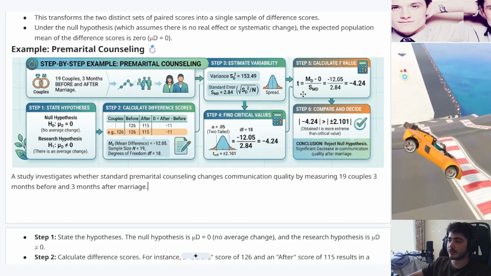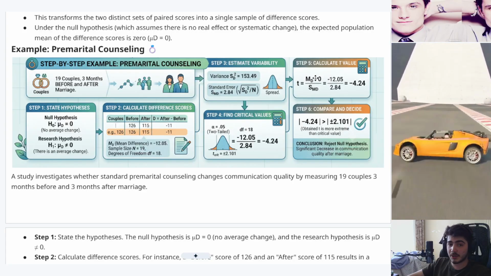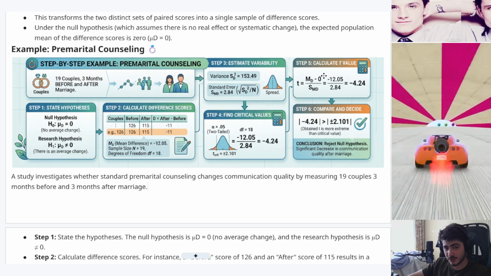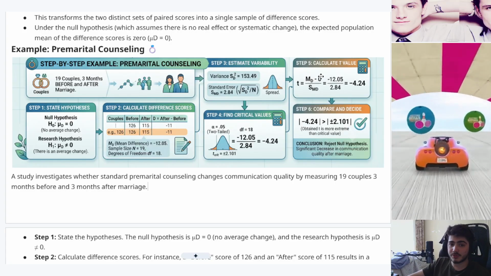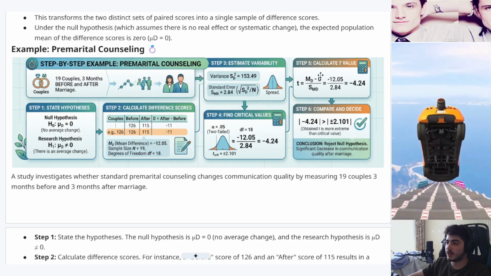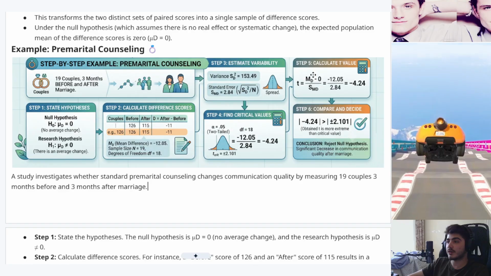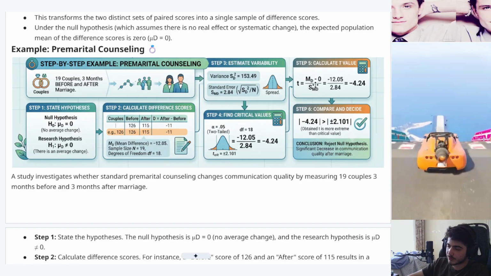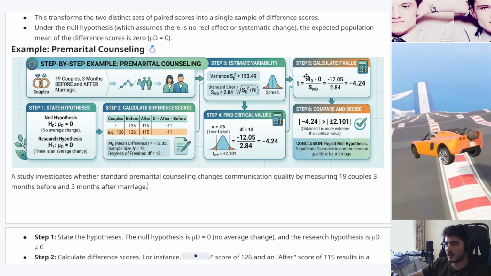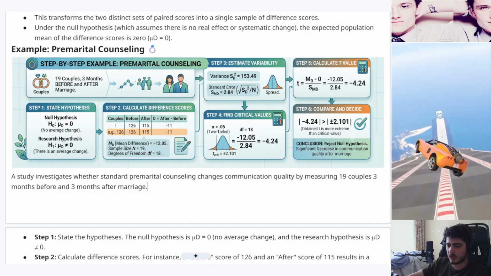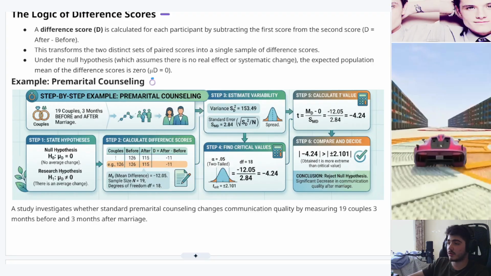And then we calculate the t-value, which is the mean of the different scores minus 0, because as we said, the null hypothesis tells us that there's no difference at all. Nothing ever happens. Therefore, it's 0. So you divide the mean of the differences, MD, by the standard error of the differences.